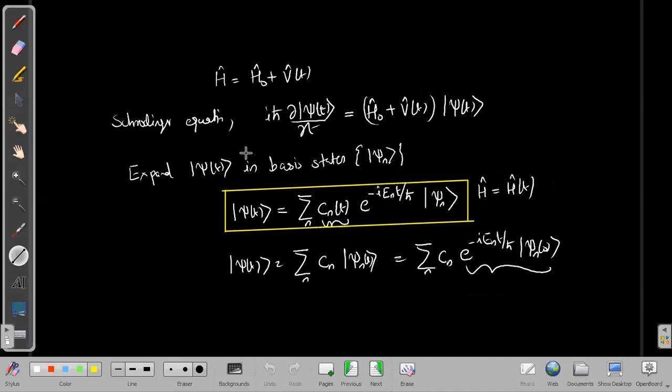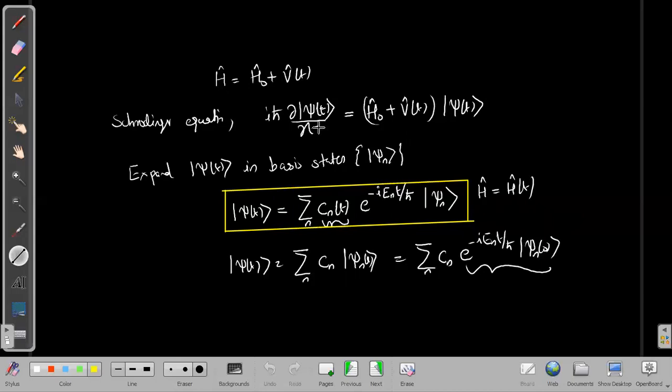Now in order to find the transition, that is, the time evolution of the state of the system in the presence of the perturbation, we have to solve the Schrodinger equation, and solving the Schrodinger equation is not easy. So we will use another way: I will express the state vector in another picture, the interaction picture.